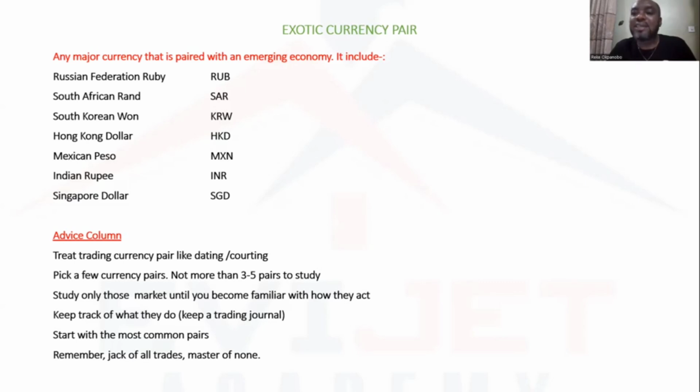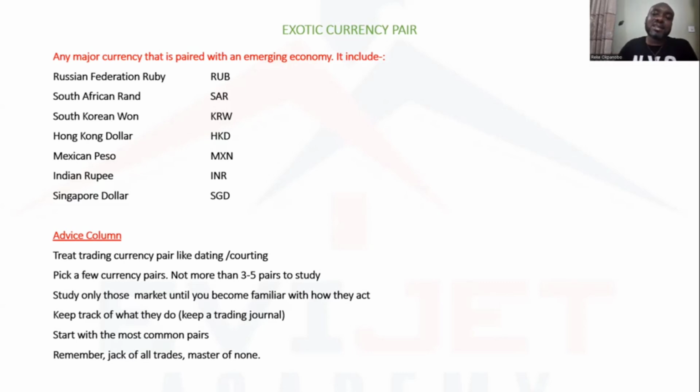Every pair has a different behavior. GBP USD does not behave the same way GBP AUD behaves. They are two different pairs and they have their own behaviors. But if you have studied these pairs over time, you will understand how they move.